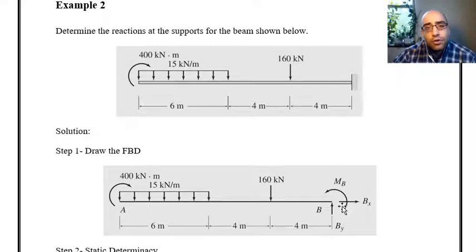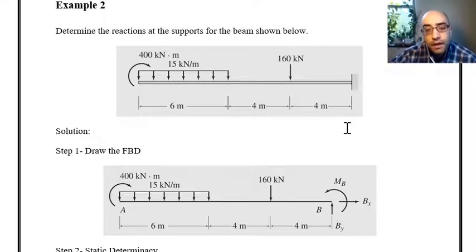That's why I'm going to just assume some direction, and I usually assume the positive direction. Whenever I'm drawing the reactions and I don't know the values, I'm going to just assume the positive direction.